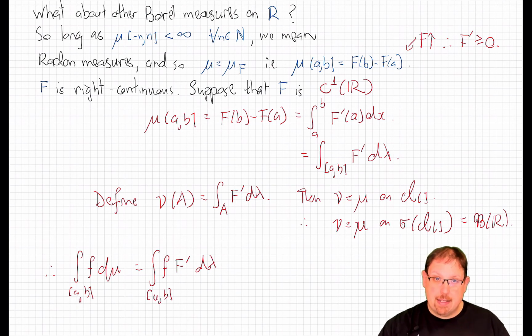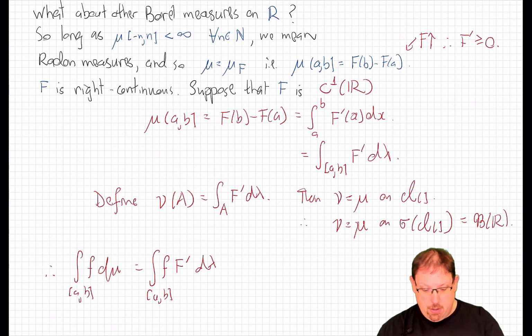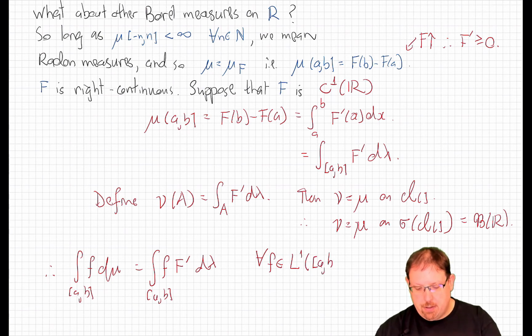Now, we would love that to still be the kind of integral we know how to do from calculus, a Riemann integral. And we will be able to conclude that because from your homework you saw that this is true for any function f that is in L1 of the measure mu, which we're restricting for our purposes right now to the interval from a up to b.